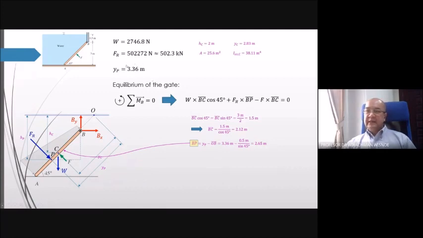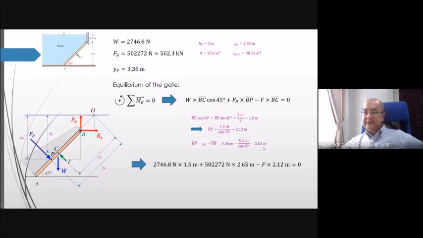YP has been calculated. OB is from O to B. So we know this vertical distance, that is 0.5. So having 0.5, having 45 degrees, you can calculate BP. That is 2.65 meters. Having that, we can put all these values inside this equation.